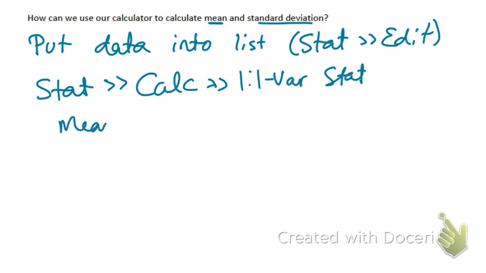And your mean is going to be under X bar. And your standard deviation will be under, it says SX. The X is the same size as the S in your calculator, but that's where you're going to find standard deviation. So it's literally plugging the numbers into your calculator and telling your calculator to do some work.